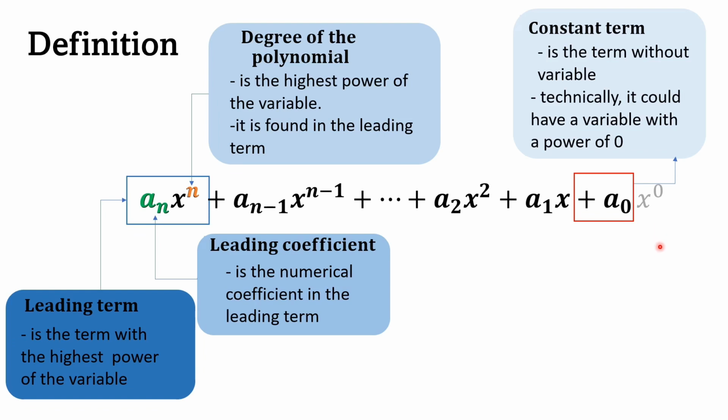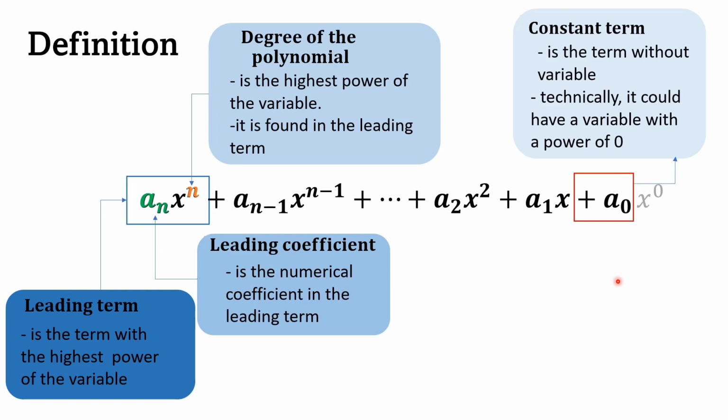We ignore x raised to 0 because it doesn't affect the polynomial. In addition, x raised to 0 is equal to 1, and 1 times a sub 0 is a sub 0.